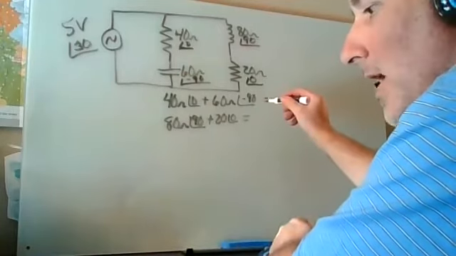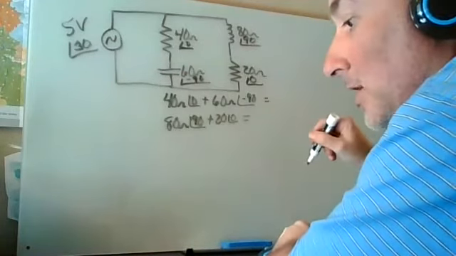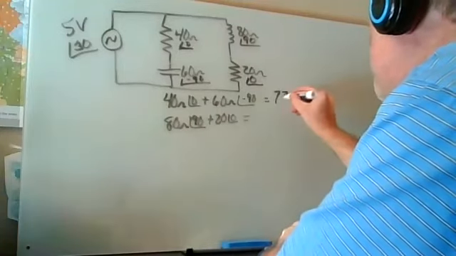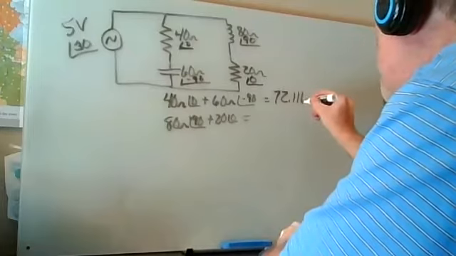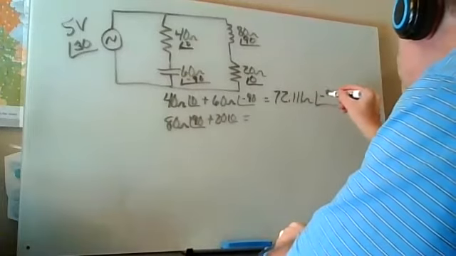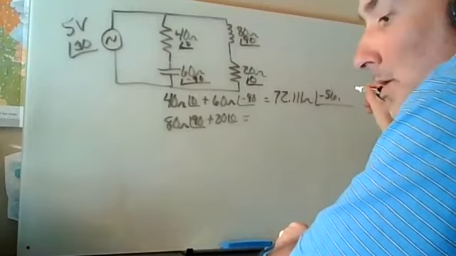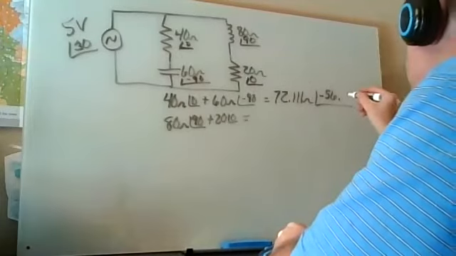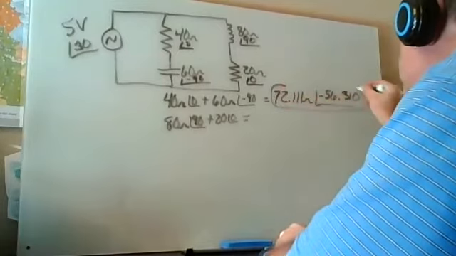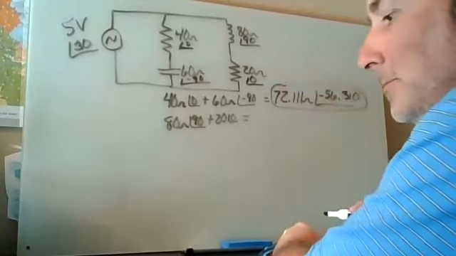So when I figure this out and put that in my calculator all nice and handy dandy, I should get 72.111 ohms at an angle of negative 56.310. And I'm going to circle that one because that's the one I'm worried about.